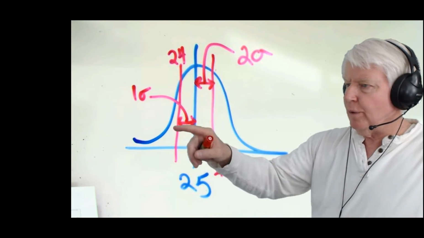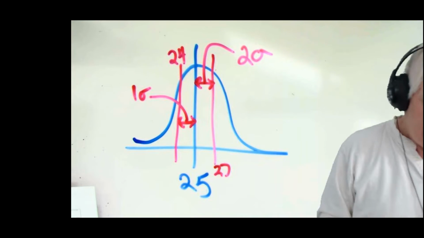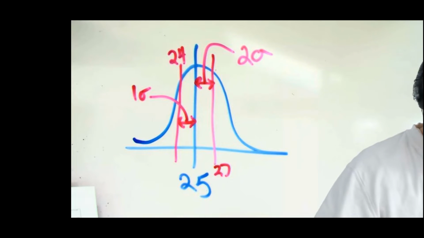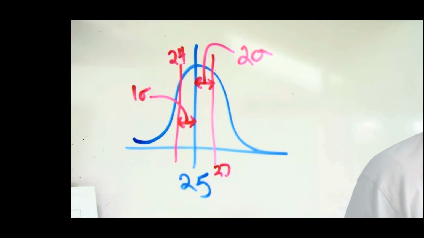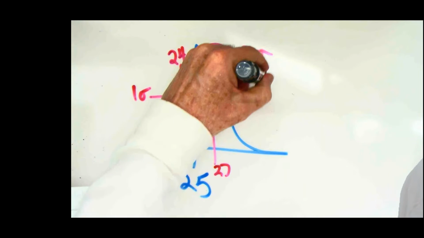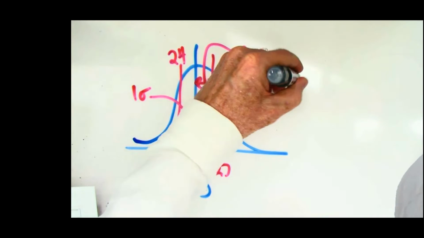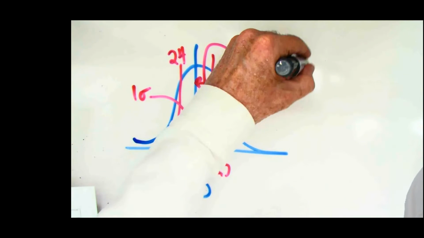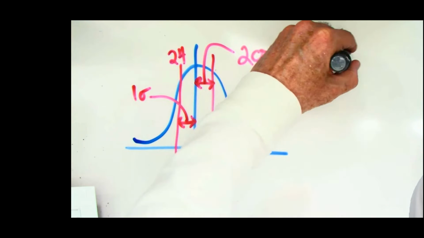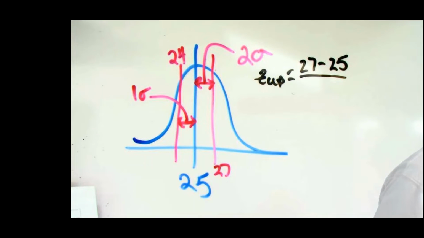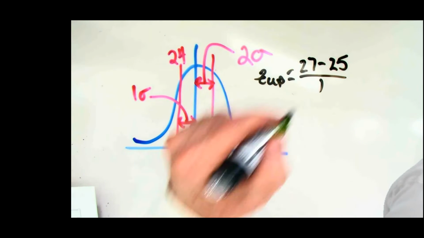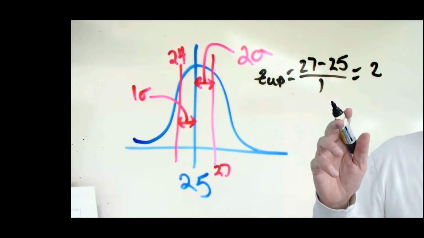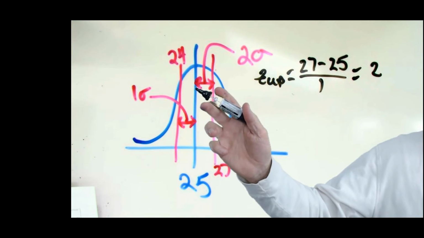And this is 24, which means it's 1 sigma. But if you don't understand that, we can do the math. So let's do Z upper first. Z upper equals 27 minus 25 divided by the standard deviation, which is 1, which gives us 2. That's how I got the 2 sigma here.